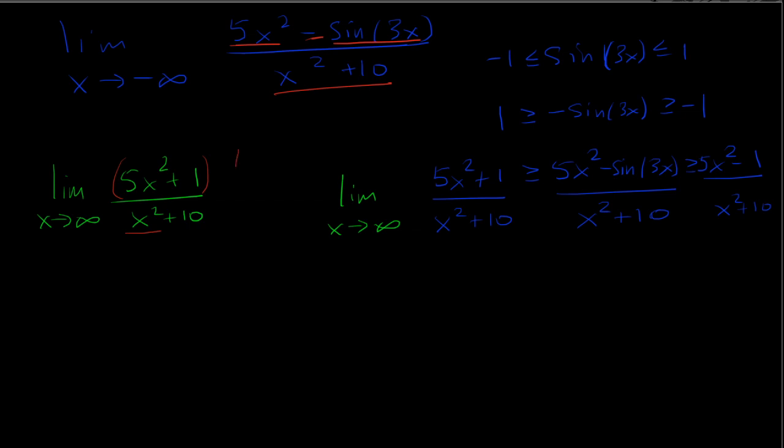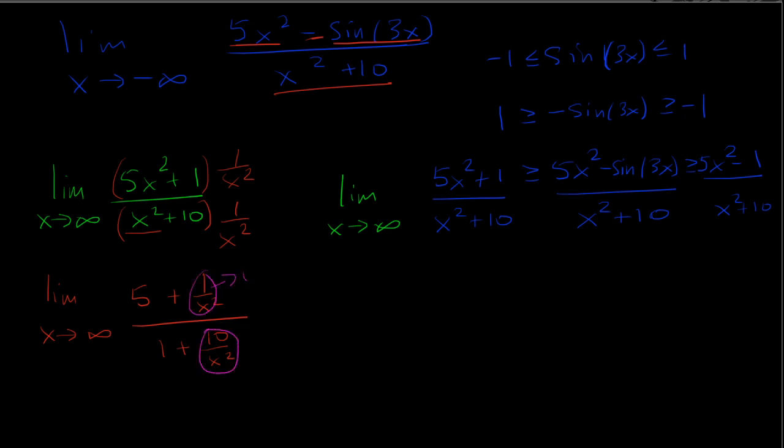So that's, in other words, multiply by 1 over x squared. So I'm going to distribute this out. I get 5 plus 1 over x squared over 1 plus 10 over x squared. The 1 over x squared and the 10 over x squared are both going to go to 0. And I'm left with the limit to be 5.